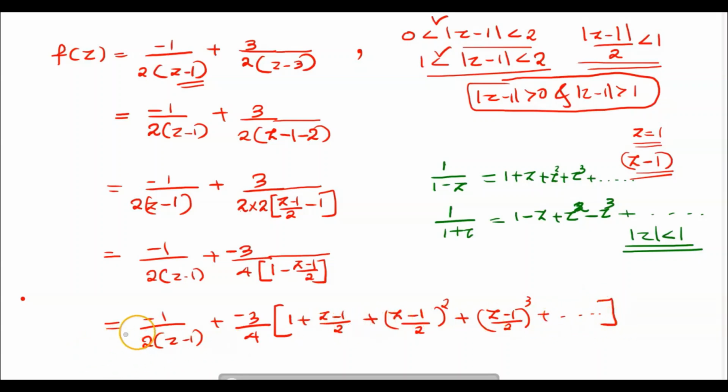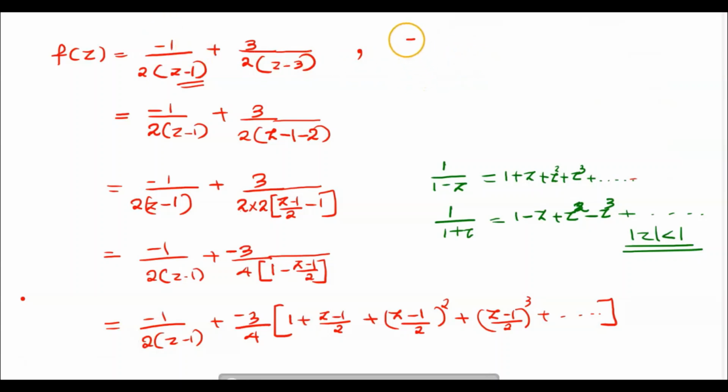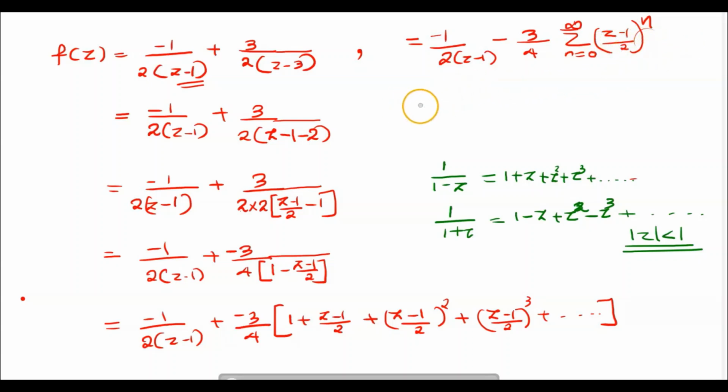We can write it as minus 1 by 2 into (z minus 1) minus 3 by 4 into the series n is equal to 0 to infinity, ((z minus 1) by 2) all power n, so that the first term becomes 1 plus (z minus 1) by 2 plus etc. So this is the Laurent's series expansion of this function, or we can write it as minus 1 by 2 into (z minus 1) all power minus 1 and minus 3 by 4 into the series n is equal to 0 to infinity ((z minus 1) by 2) all raised to n.